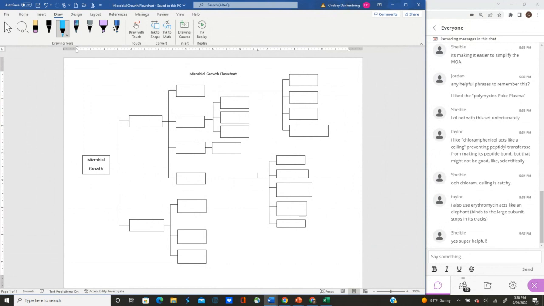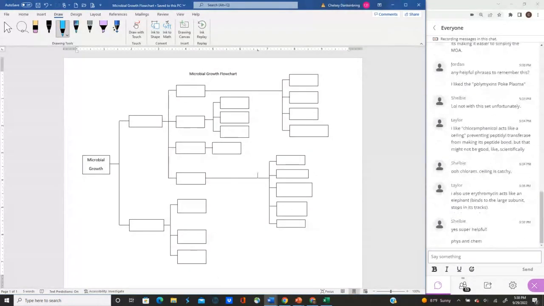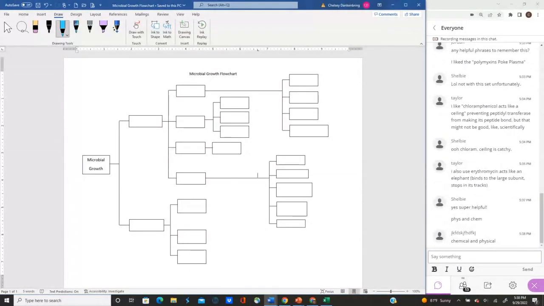All right, so if you think about our conversation on microbial growth and what microbes need in order to grow, we divided those needs into two categories. Does anybody remember what we talked about? Yep, chemical and physical factors.